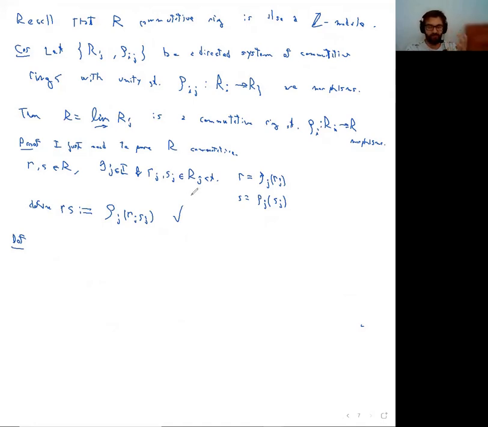So we take the limit simultaneously in the module and in the ring. So let's be more precise. I take a directed system of modules such that each R_j is a commutative ring.